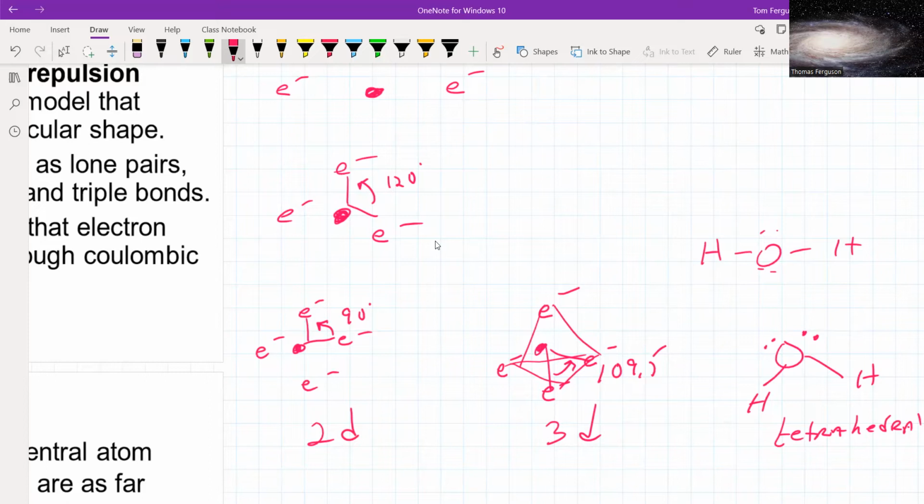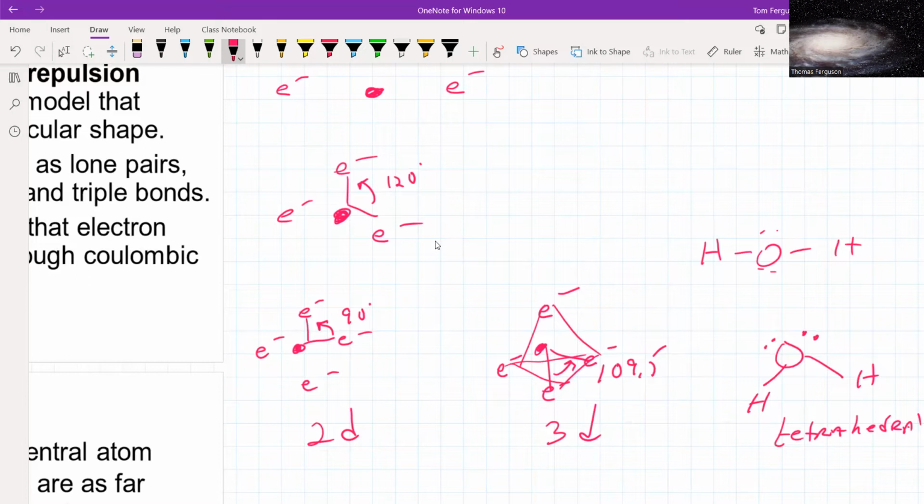You include the non-bonding pairs like you would an atom. So there are 1, 2, 3, 4 separation phenomenon going on here. Hence it's a tetrahedral. But you can't see those 2 pairs. So it looks like it's bent.